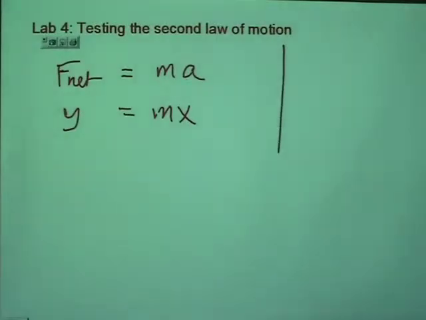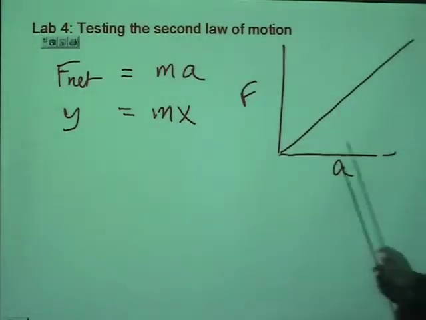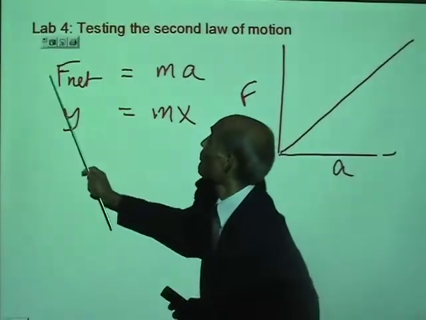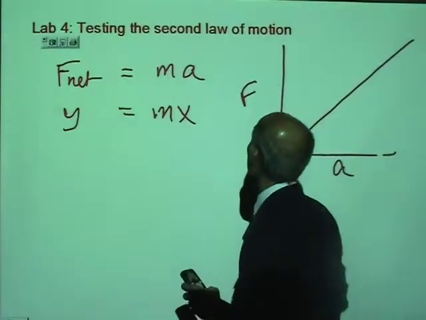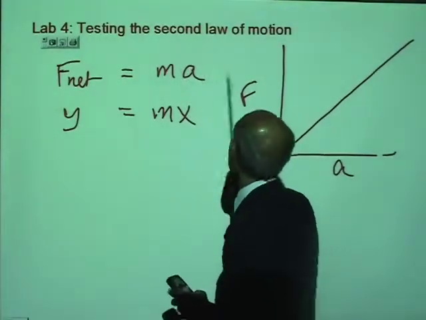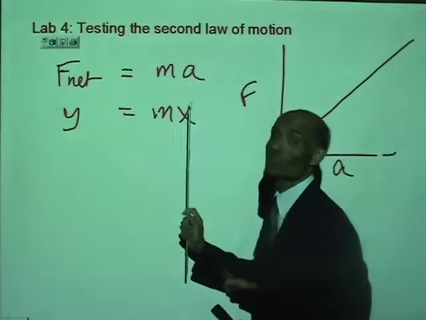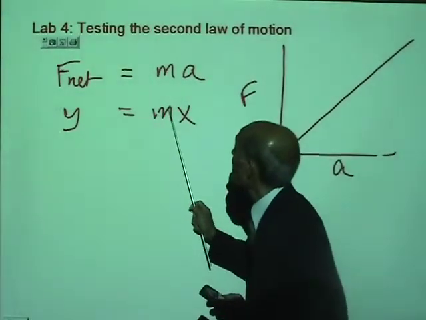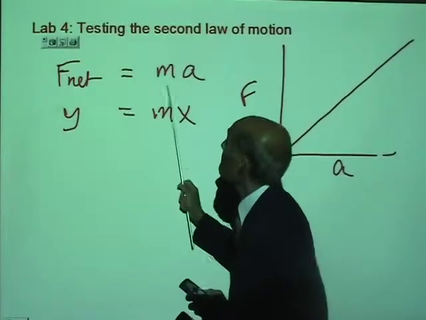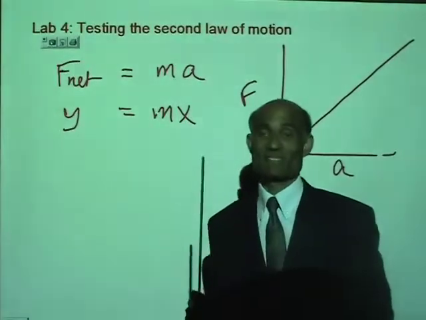That means if you now draw a graph of the force on the y-axis and acceleration on the x-axis, you will get a straight line. You see, if you draw a graph of force on the vertical axis and acceleration on the x-axis, the slope of that graph will be the mass of the object.